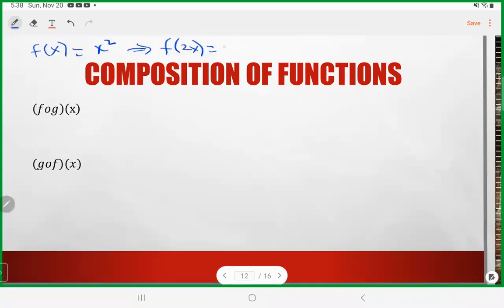It's not that hard. Maybe it's x to the power 2 over 2. That's incorrect. It's very simple.